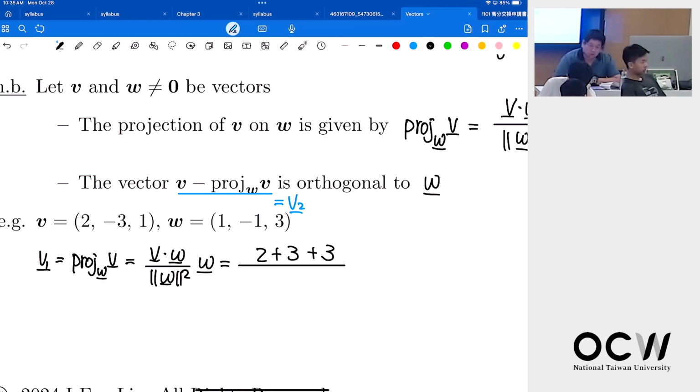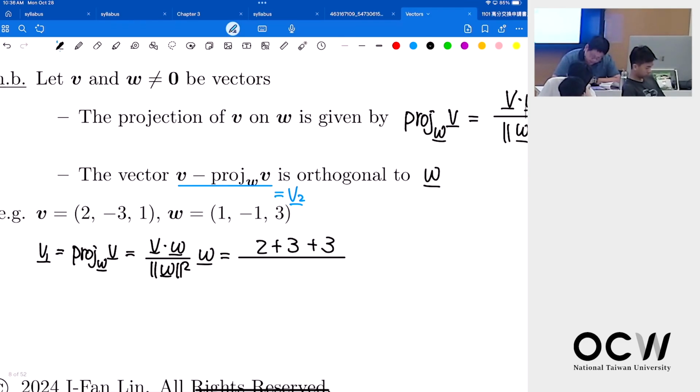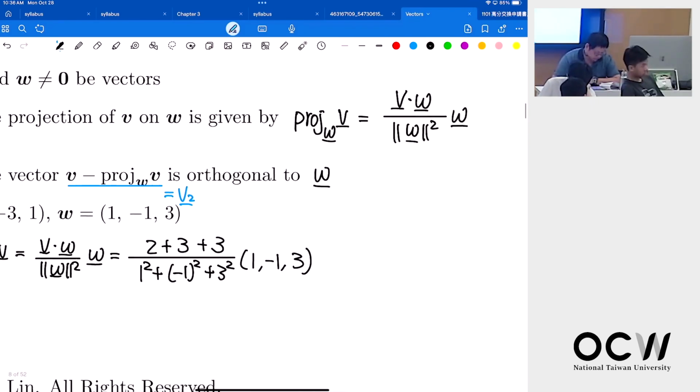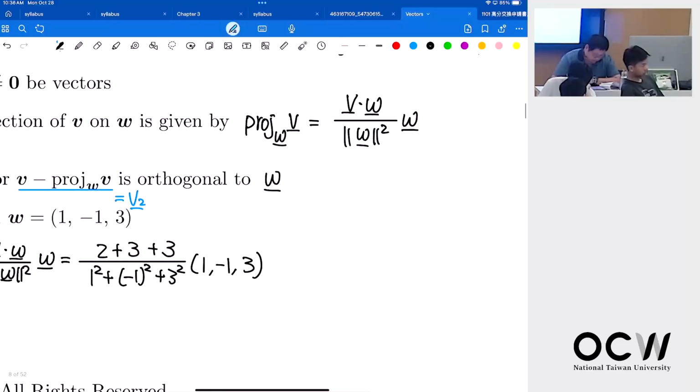And the norm of W squared is 1 squared plus minus 1 squared plus 3 squared. Then you get 8 over 11 times the direction W. That's the magnitude and the direction.